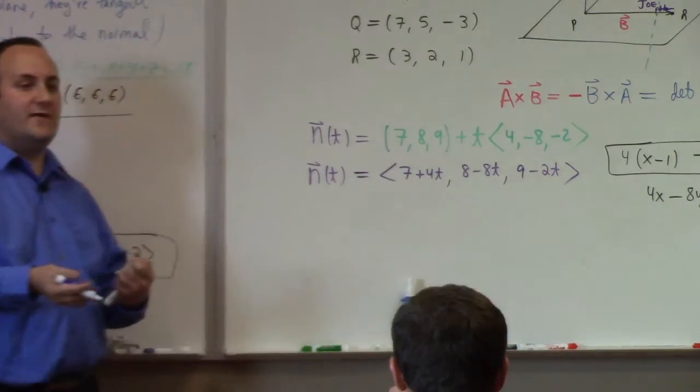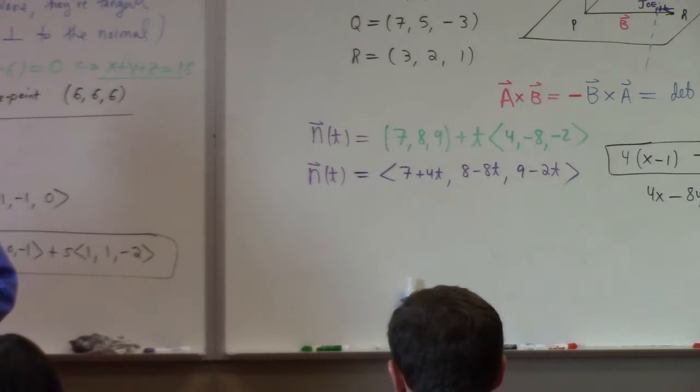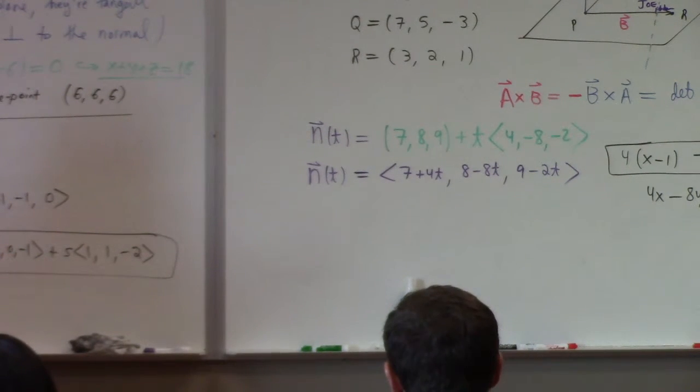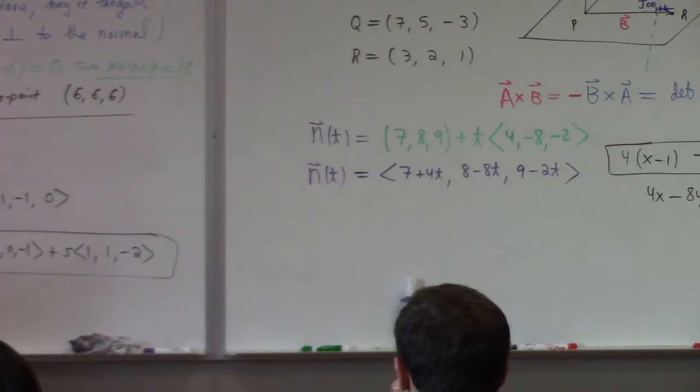How do I figure out where that line intersects the plane? How do you figure out where two graphs intersect in the plane? You set their formulas both true, right? You combine the equations. What that means in our current context is you feed the parametric equations for the normal line into the equation for the plane.